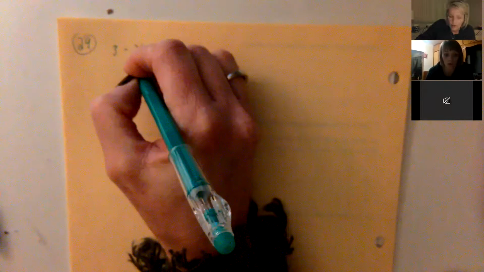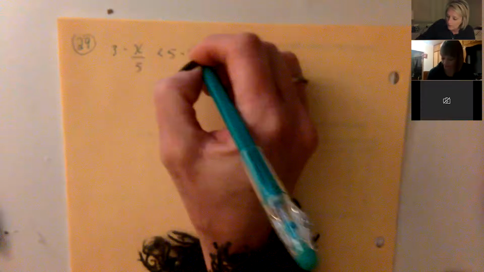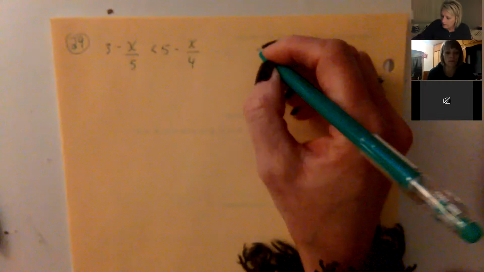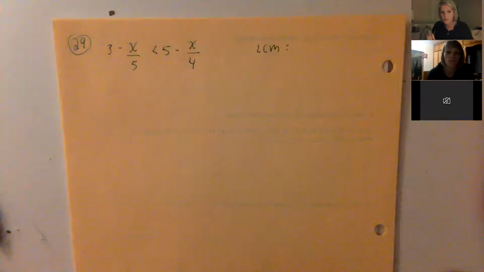Okay, so 29. We have 3 minus x over 5 less than 5 minus x over 4. So to eliminate the fractions, we are going to multiply by 5 times 4, so 20.